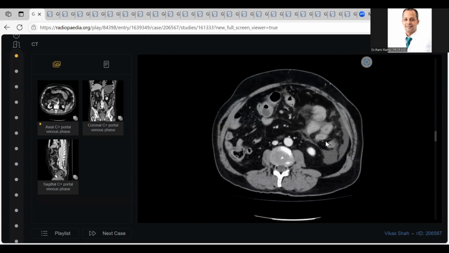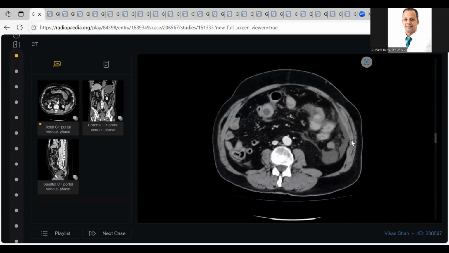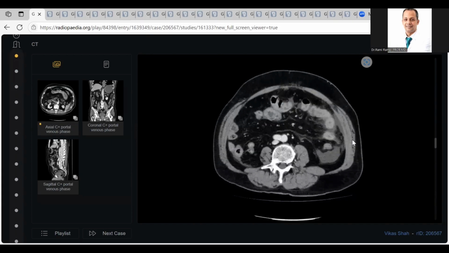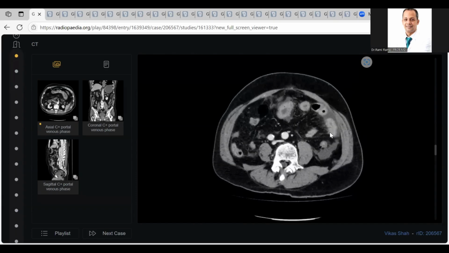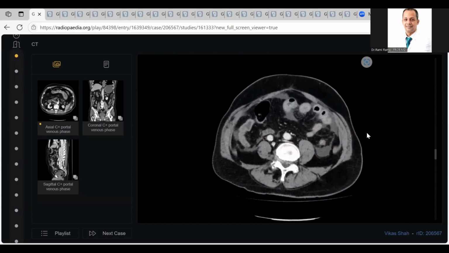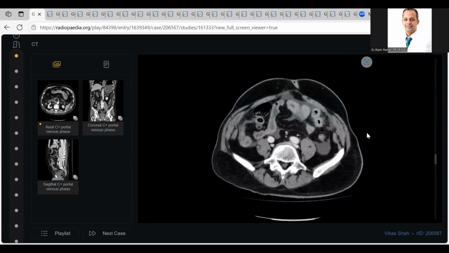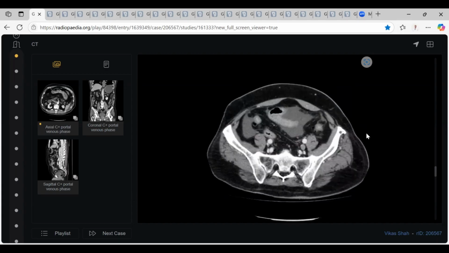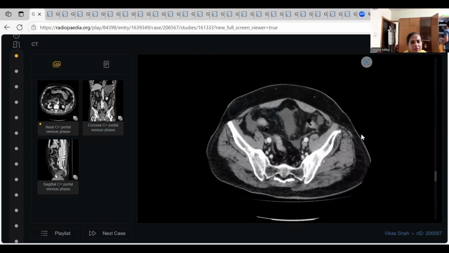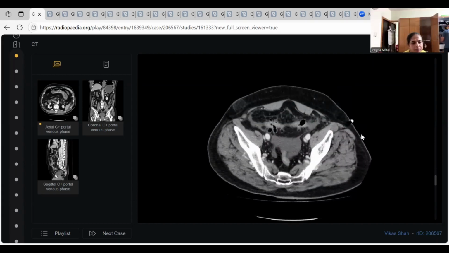The mesentery is misty. There is also evidence of minimal ascites. Going downwards, there are areas of mural thickening of the small bowel. In the pelvis, there is also some mild ascites.